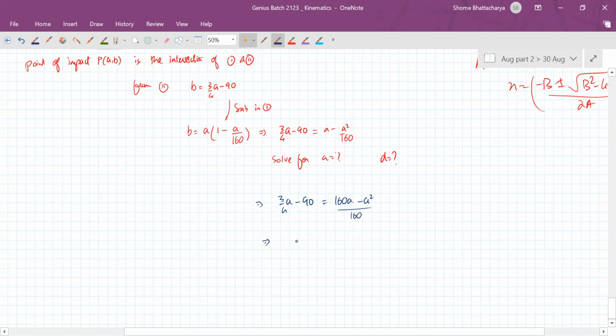So a squared minus 160a plus 3/4 of 160, so 120a, minus 90 into 160, that's the big term, equal to 0. So we're getting a squared minus 40a minus 90 into 160. Just leave it this way, it doesn't matter. Equal to 0.